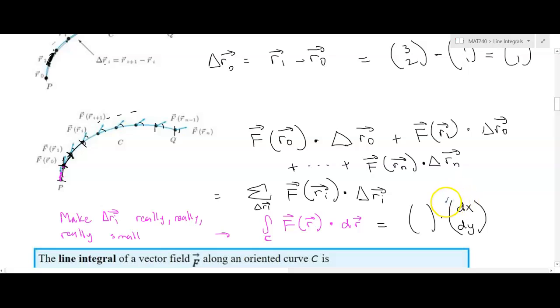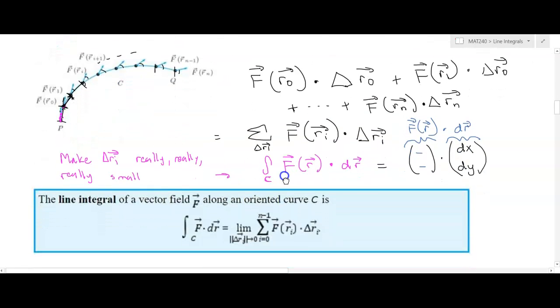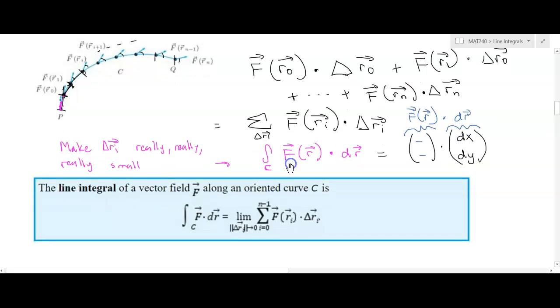So if we think about this vector right here as being the dr vector, and then this, of course, will have two components in it, and that's going to vary from problem to problem what the vector field function is. As I dot those together, I am going to be able to compute the exact amount of work along that curvature. So this may look really convoluted, but this basically just embodies what we described up here.